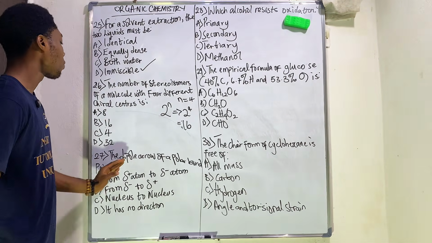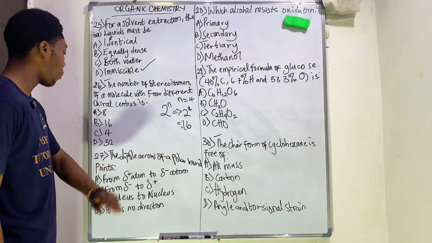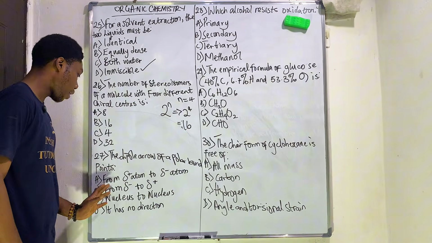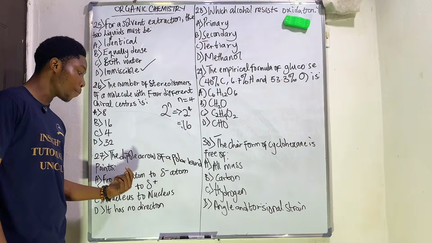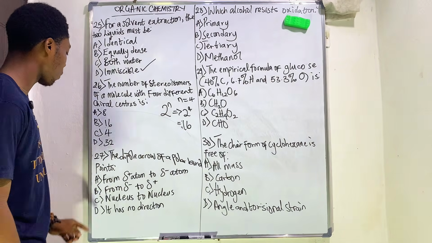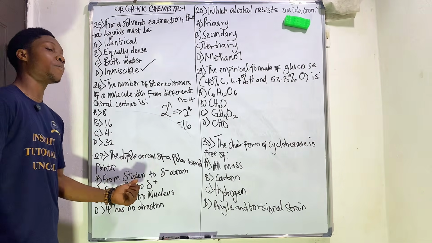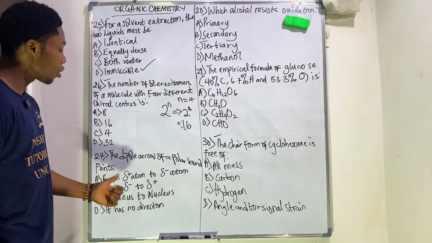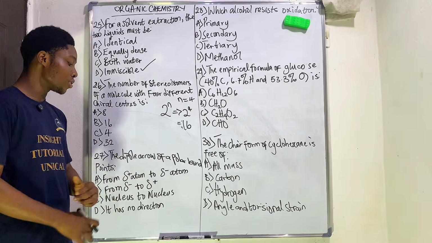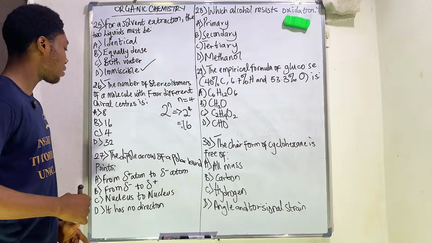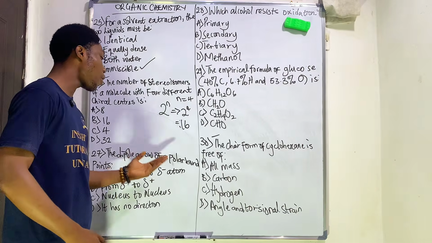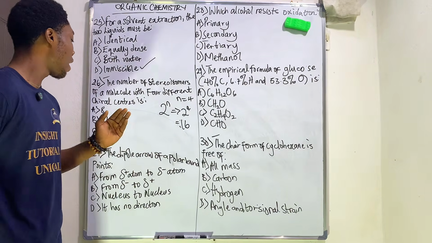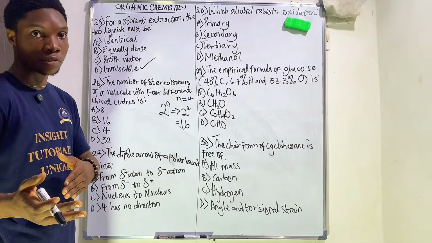Alright, next question. The dipole arrow of a polar bond points from A, from partial positive atom to partial negative atom, B, from partial negative to partial positive, C, nucleus to nucleus, D, it has no direction. The correct answer is, so first off, the dipole arrow always points from the least electronegative to the most electronegative.